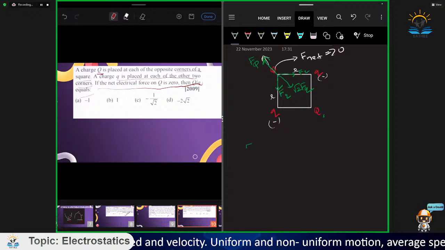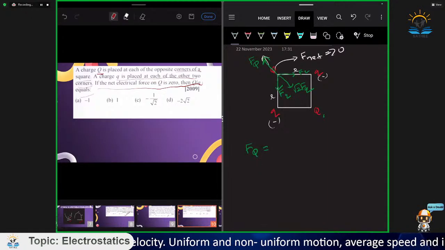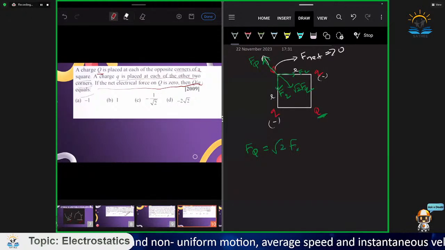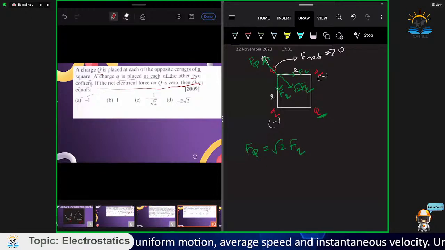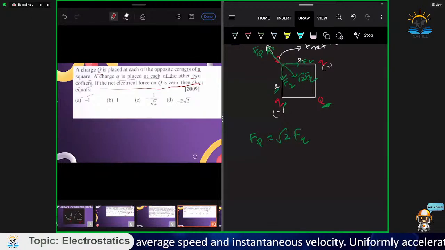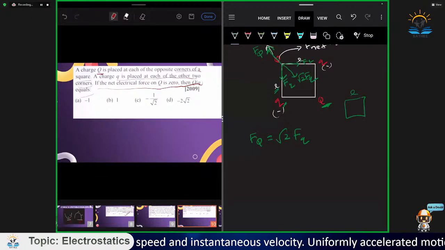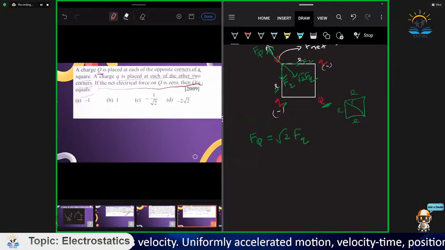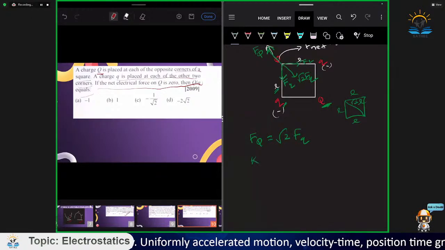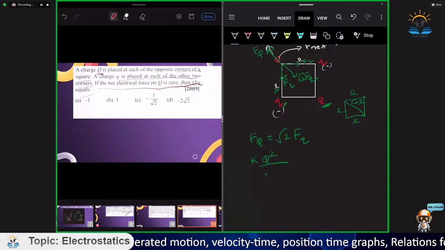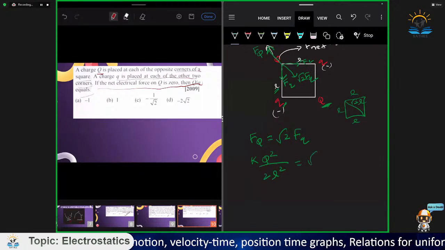Fq means attractive force because of the small charge q, and F capital Q means repulsive force because of capital Q. How much will F capital Q be? If this is L, this is L, this is a square, so this distance will be root of L square plus L square, that is root 2 L. So kQ square over root 2 L whole square, that is 2L square.